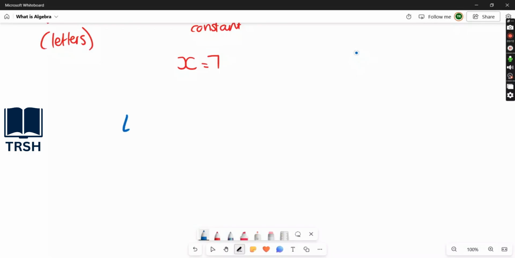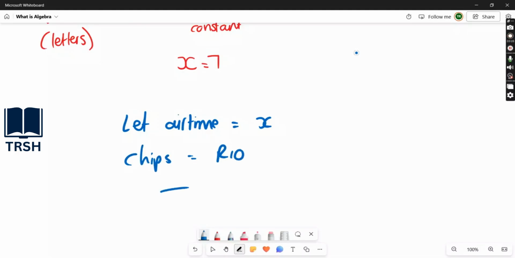Let's say airtime is equal to X, and chips equal 10 bucks. So the total would be the 10 for the chips plus X for however much airtime you bought. It could have been 5 Rand airtime or 10 Rand airtime, whatever it is. Let's just say it's an unknown value. So in this case, it's going to be the X.